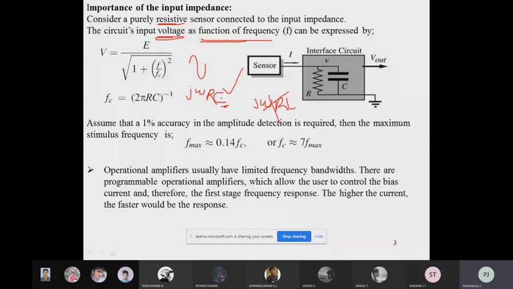For this representation, you know very well that omega is nothing but 2 pi f, which is the frequency. By considering this frequency value, your input value may differ.